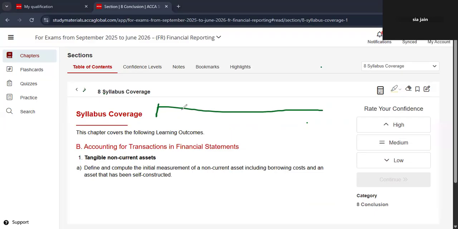Maybe you borrowed the loan in January. Now you cannot just start recognizing this interest expense as an asset until you're making some active contributions to your building or your asset. So we start making our building from February. So you can start capitalizing your interest expense from February.